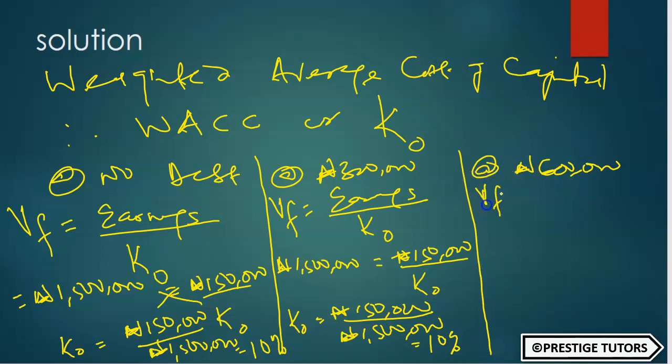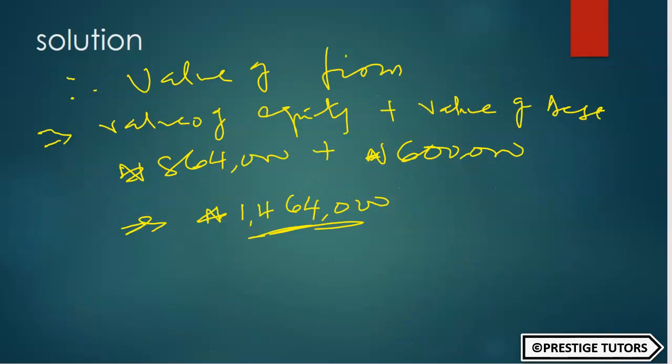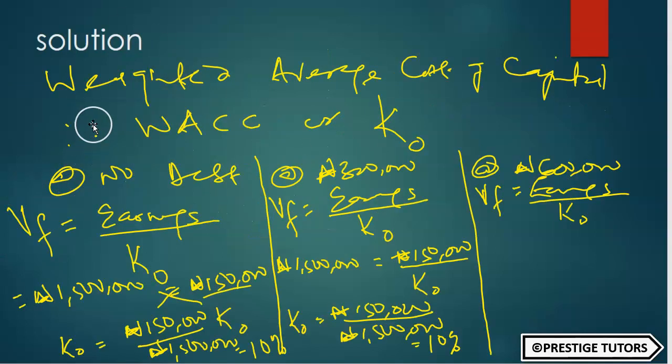Now, let's look at the third instance. Our value of firm equals earnings over KO. I'm rewriting this formula so that it can stick as we are working towards other examples. Value of firm at that point was 1,464,000.